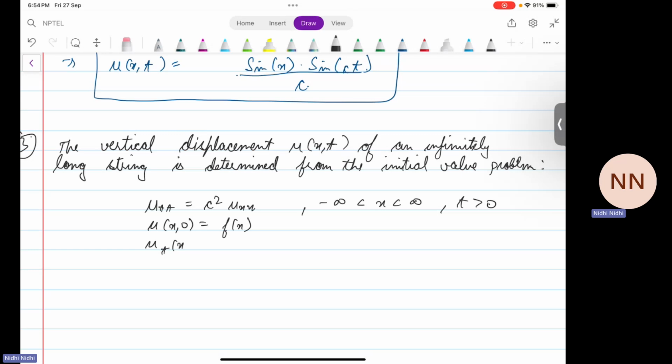That means the initial position is given by function f(x) and the initial velocity is given by function g(x).